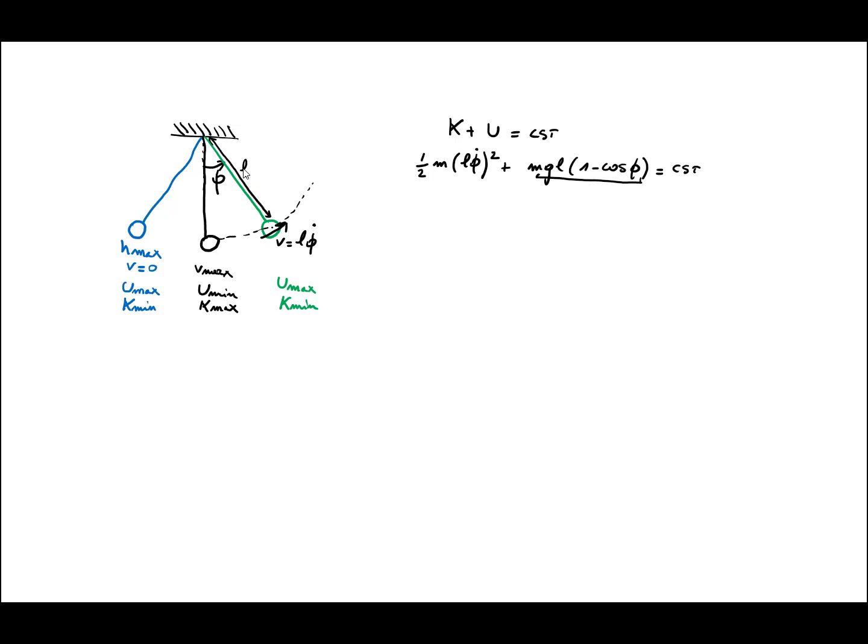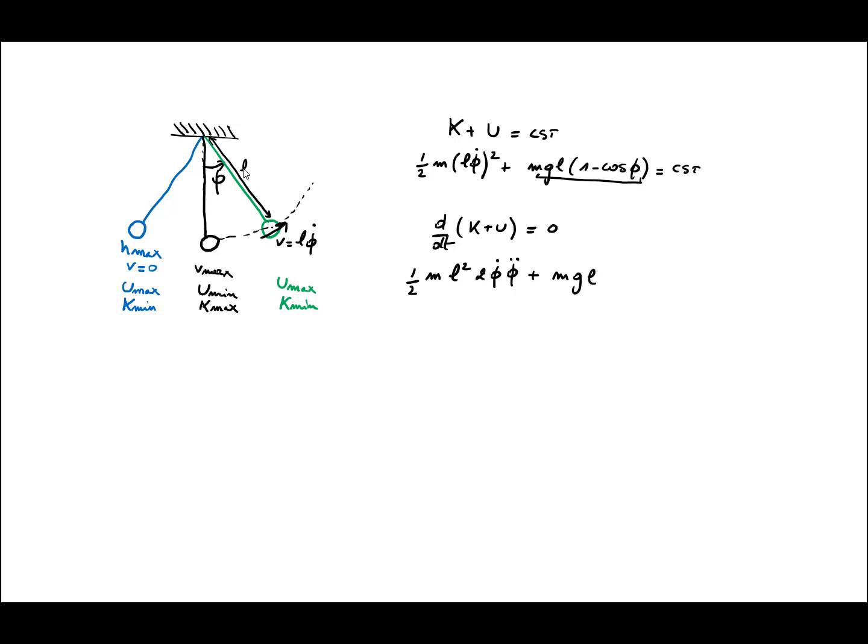So the equation of conservation of energy says that, well, the derivative of the sum kinetic plus potential energy is equal to 0. So if we compute this derivative, we have a half times m times L squared times the derivative of phi dot squared, so that's 2 times phi dot times the derivative of phi dot, and that's phi double dot, plus mgL.